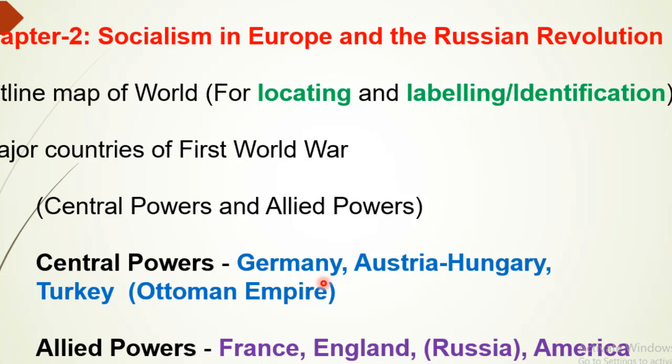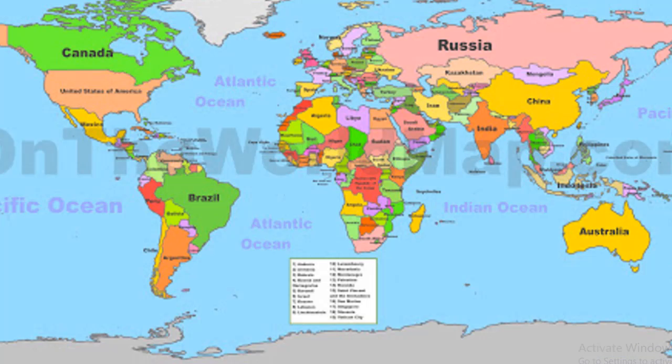So you should know where these countries are located on the world map. So before that, just have a look at the world map. Okay, this is whole Africa. Then this is Asia. Then above Africa we have Europe.